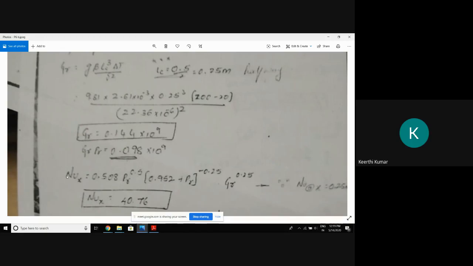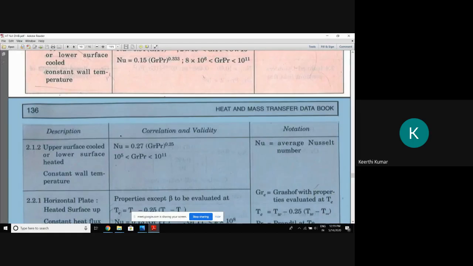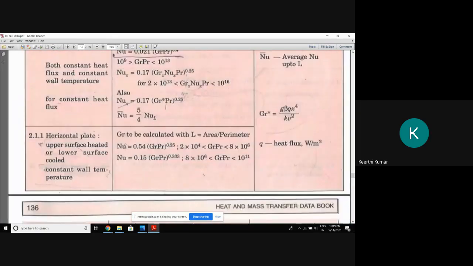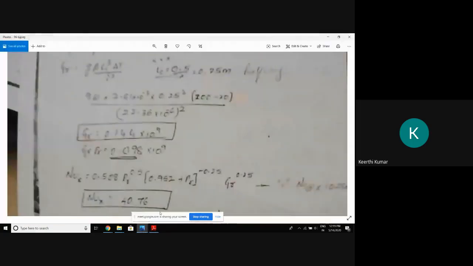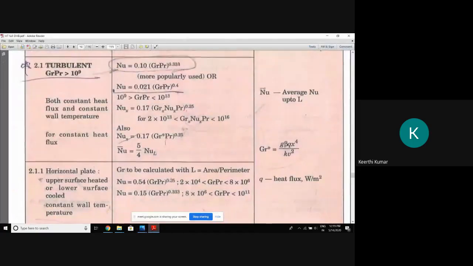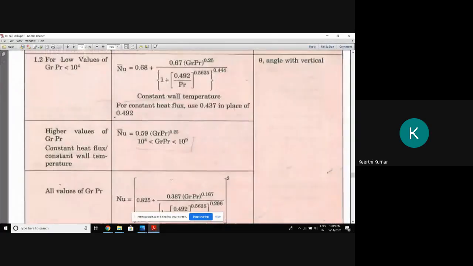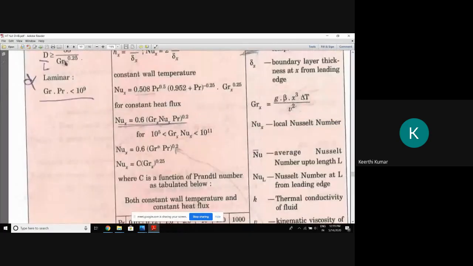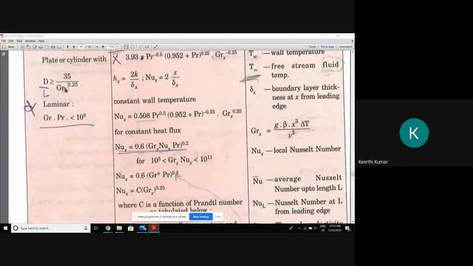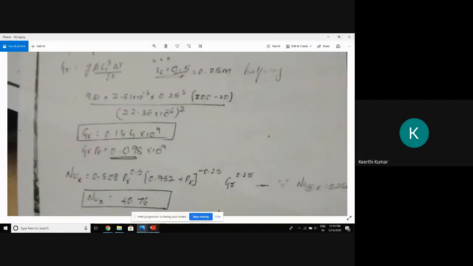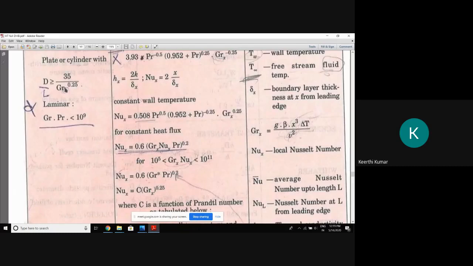Next, instead of using the average Nusselt number, I use the Nusselt number at a distance of x. I'll go back to the formula for the Nusselt number at a value of x, for constant wall temperature.